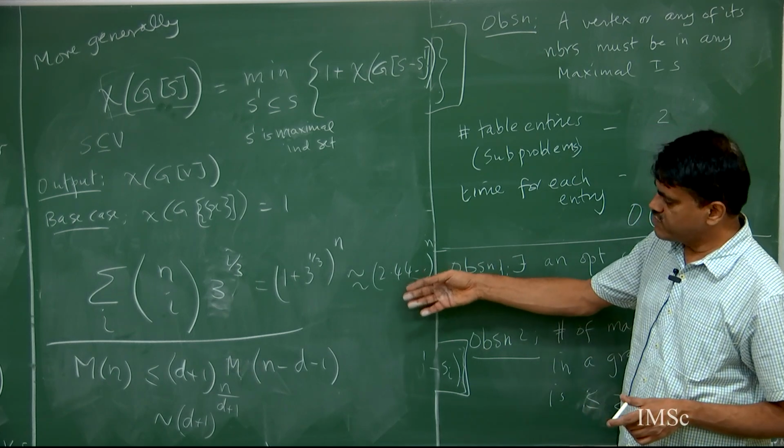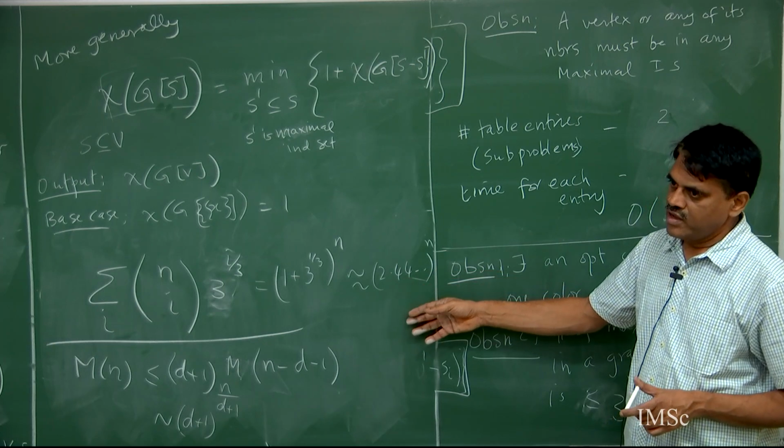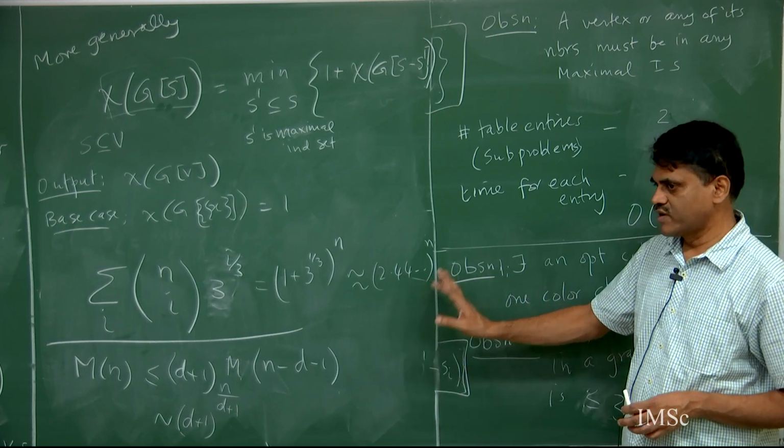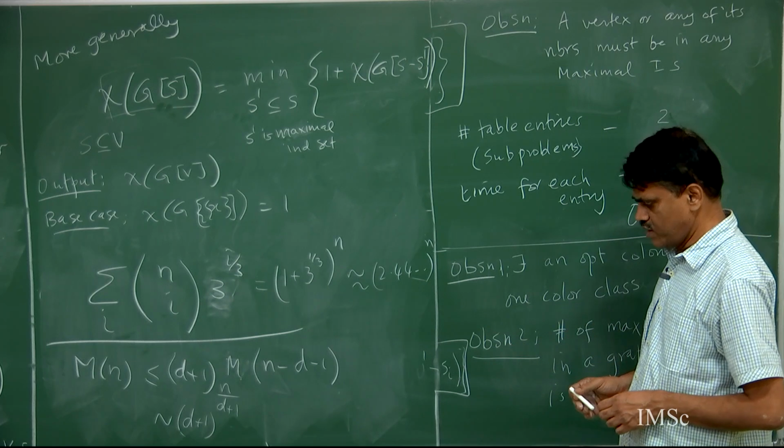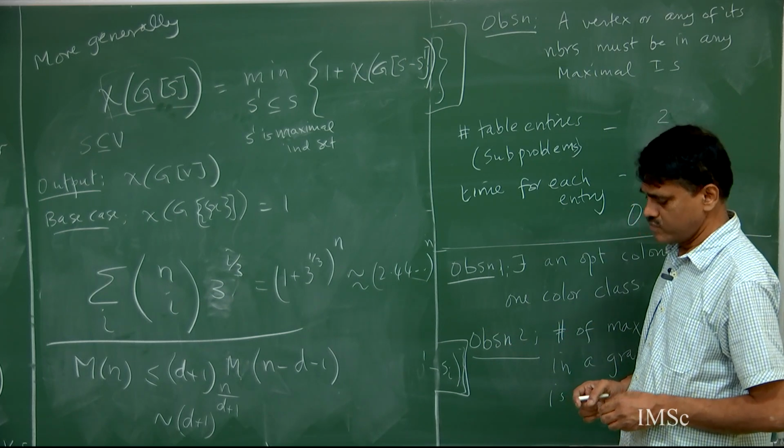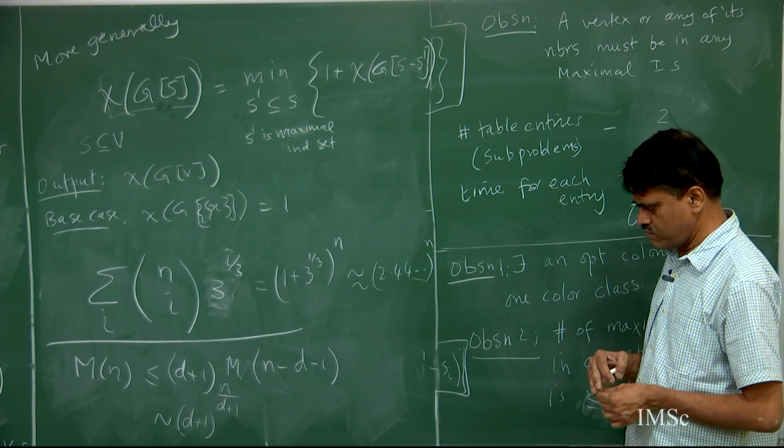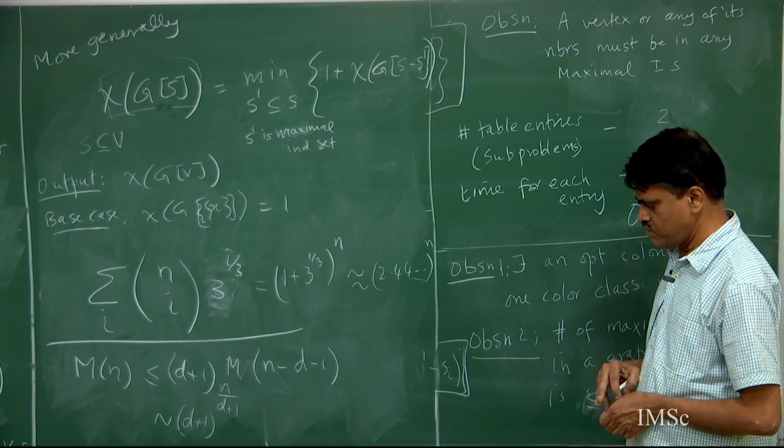This can actually be even improved to 2 power n using inclusion exclusion. Okay, I don't want to get into that.